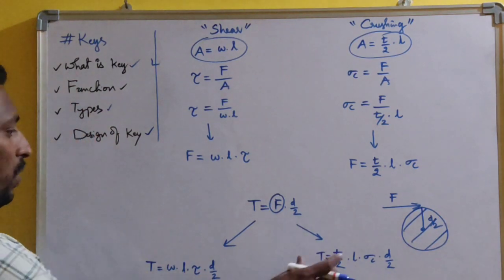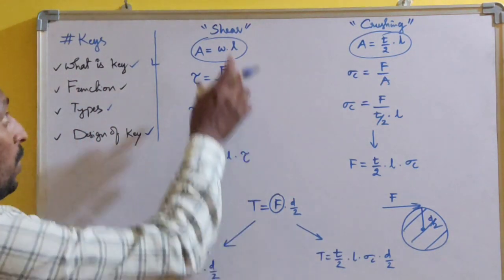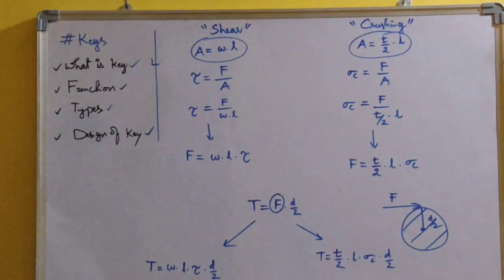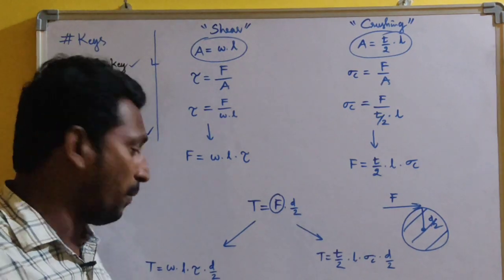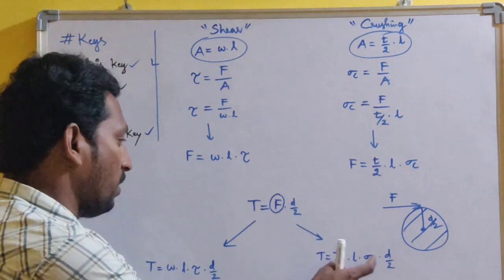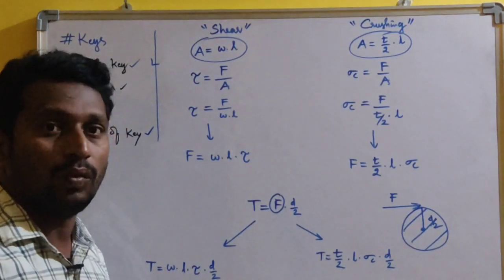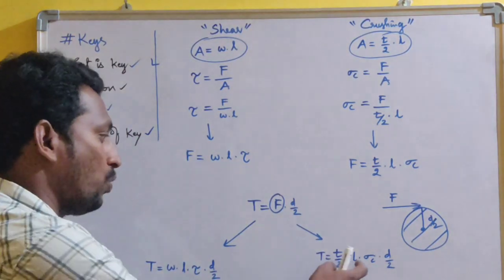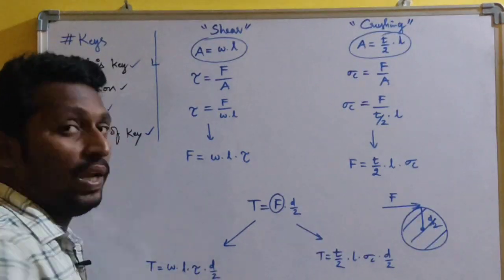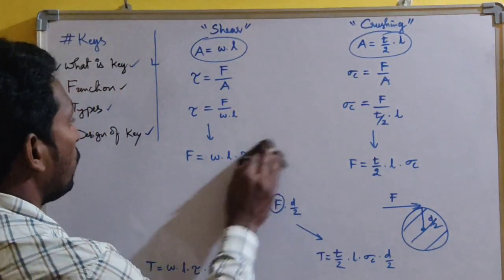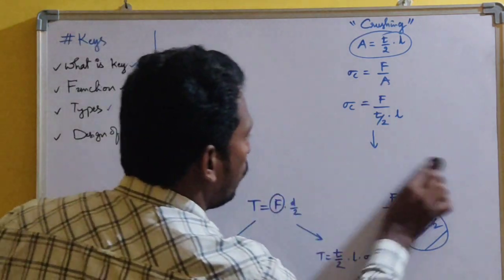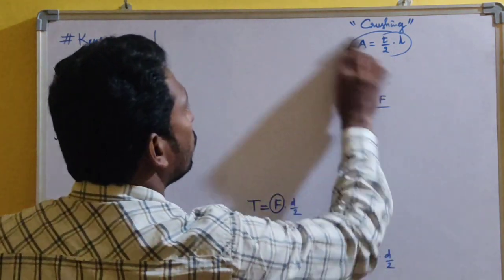So these are the two relations we have according to the shear criterion and the crushing criterion. Now we will see the relation between sigma c and tau. By equating these two relations, we will see the relation between sigma c and tau. So let us see that relation between those two.